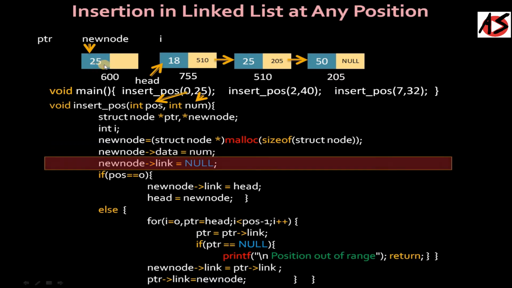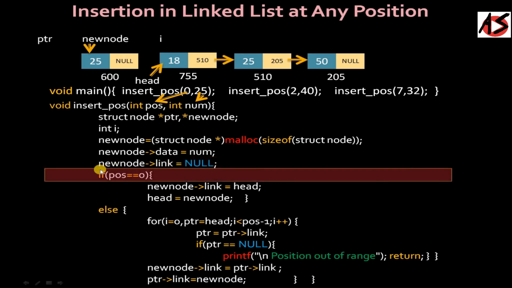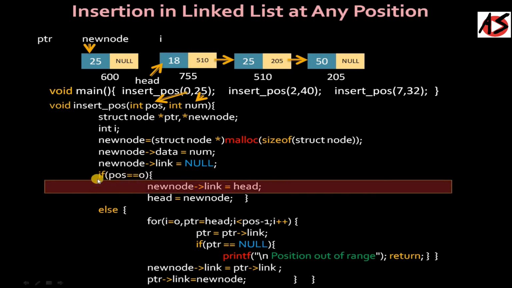And in the new node link part, we will store null. So here you can see null is stored. Now we will check the condition position is equal to 0. This condition is true since the position value is 0, so we will go inside the condition.